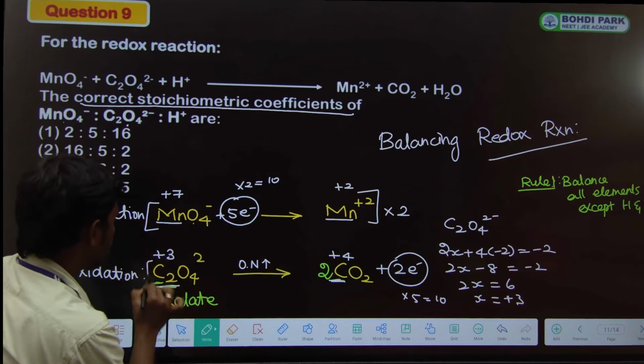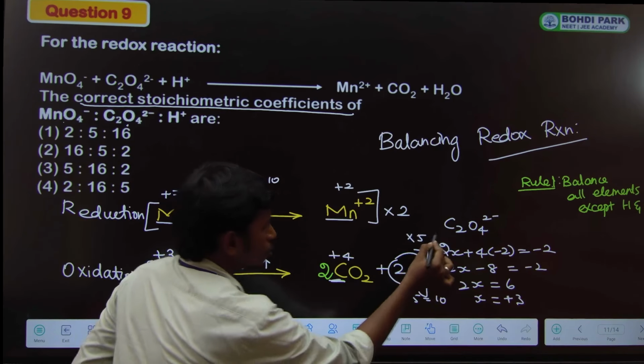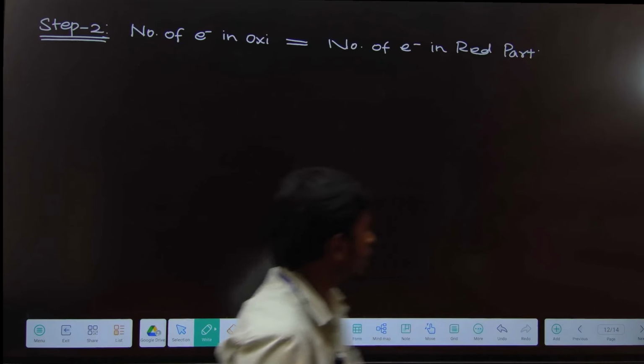Similarly, I have to multiply the other complete equation by 5. So what will I be getting?